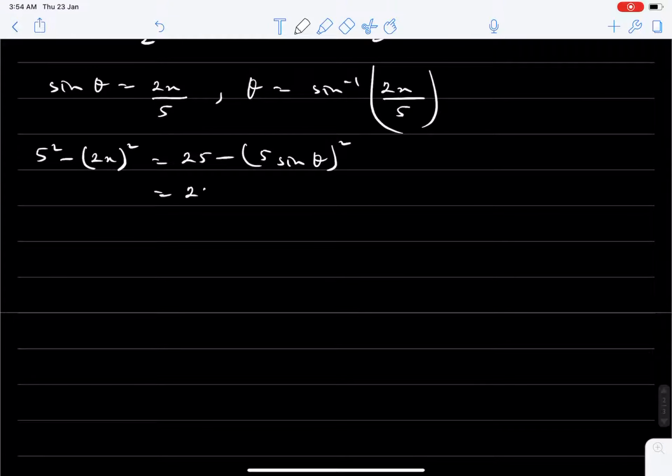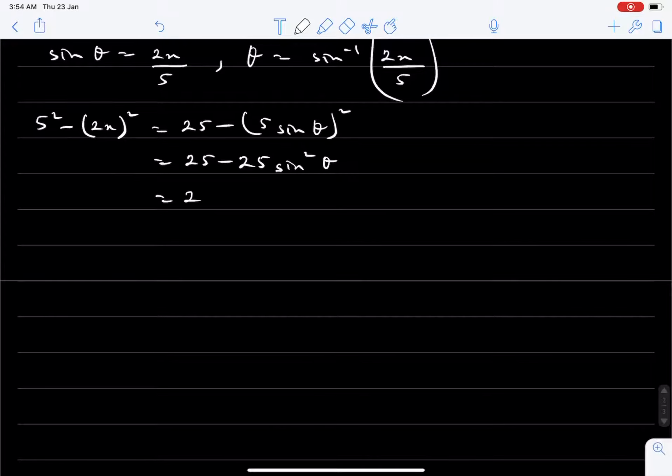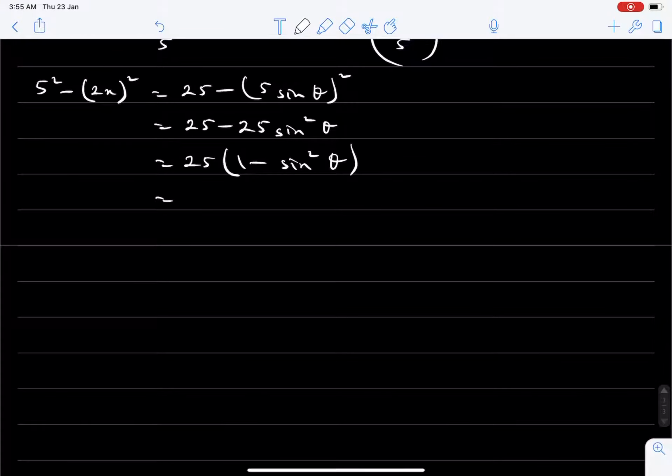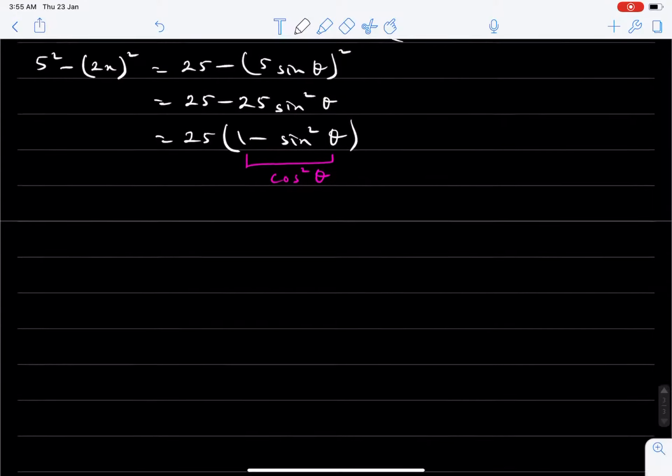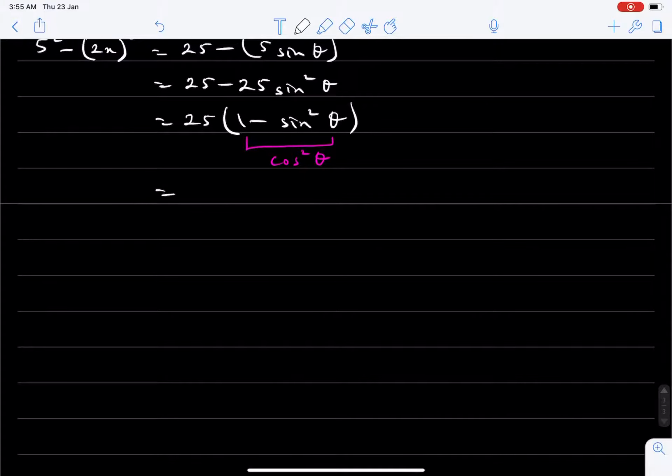That's the same as 25 minus 25 sine squared theta, which is the same as 25 times 1 minus sine squared theta. We know that 1 minus sine squared theta is the same as cos squared theta. So 25 times 1 minus sine squared theta is the same as 25 times cos squared theta.